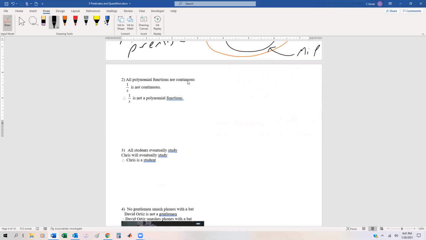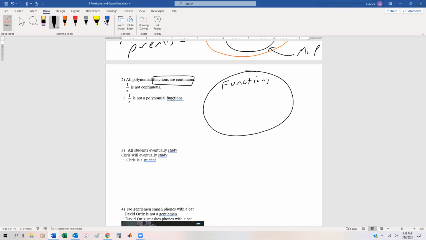All right, a second example. All polynomial functions are continuous. 1 over x is not continuous. 1 over x is not a polynomial function. So the major premise would be that there are functions that are continuous. So let's draw a major premise, and we're going to say functions that are continuous.